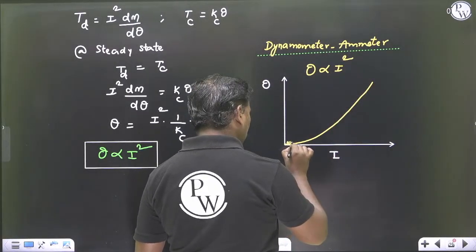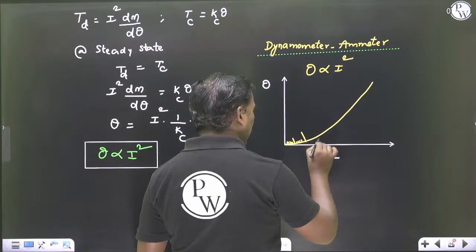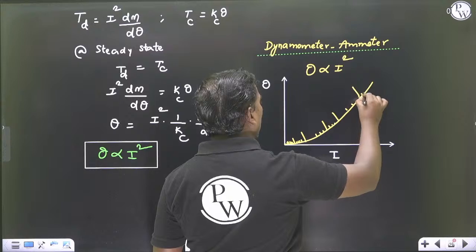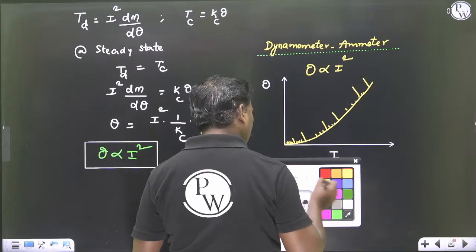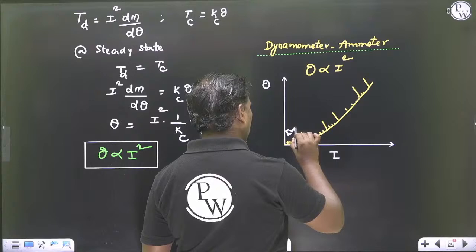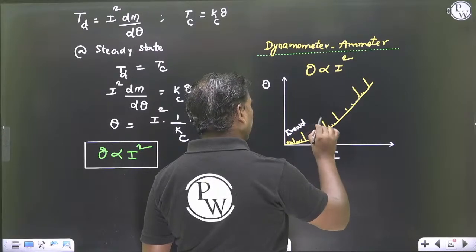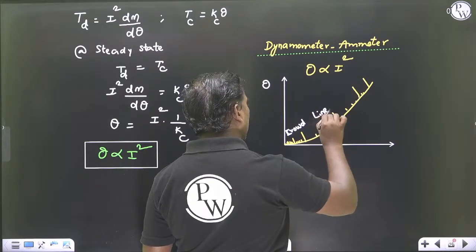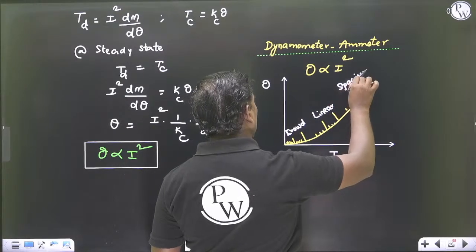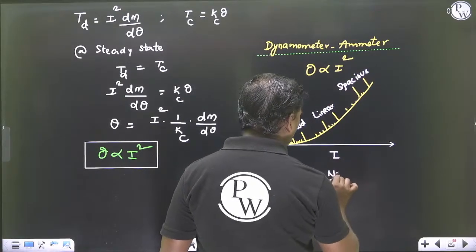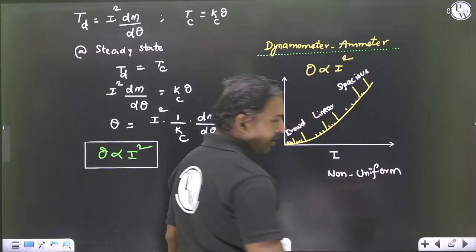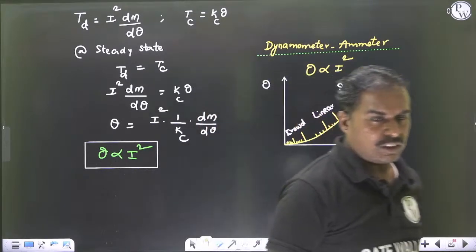Initially there are crowded values, then some linear values, then some spacious values. This is cramped, this is linear, this is spacious. So the scale is non-uniform. Please note down, the dynamometer ammeter scale is non-uniform.